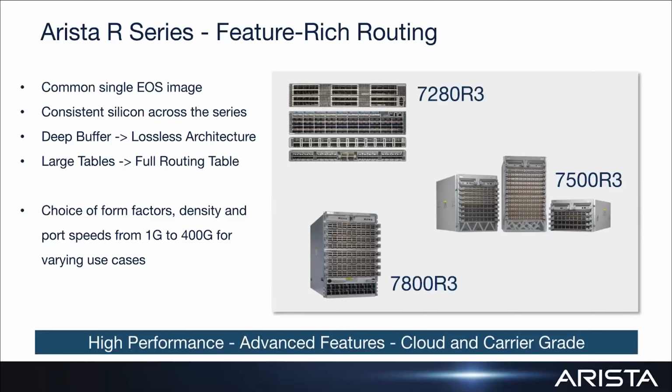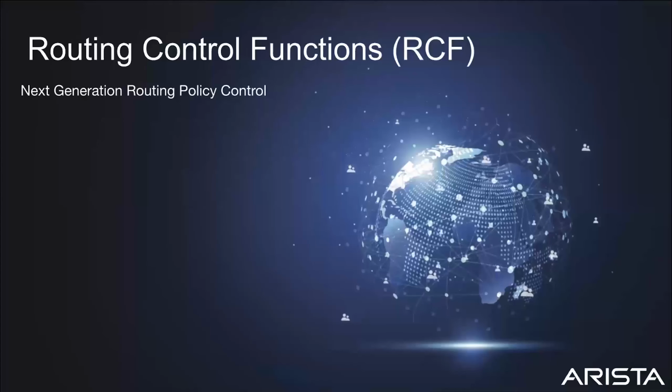So taking that as the foundation, let's take a look at some practical use cases that we can run on that portfolio. The first I'd like to take you through this afternoon is known as Routing Control Functions, or RCF. This is a next generation means of routing policy control that we've just released on Arista EOS.